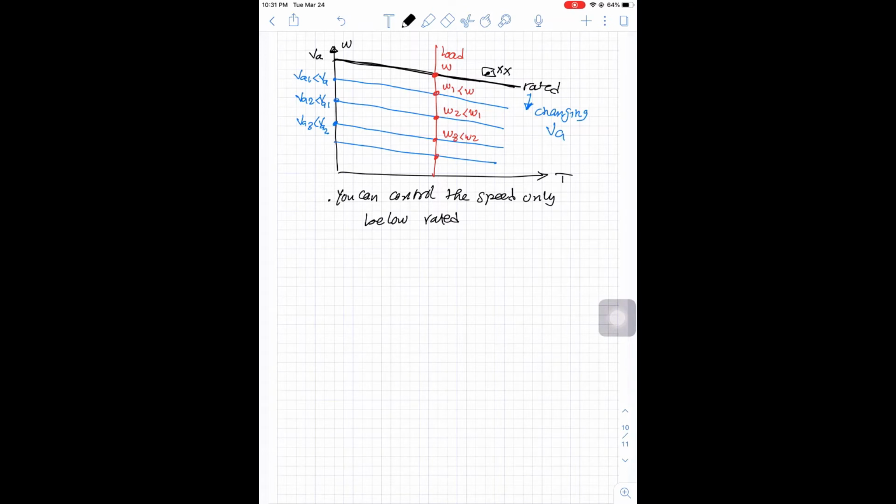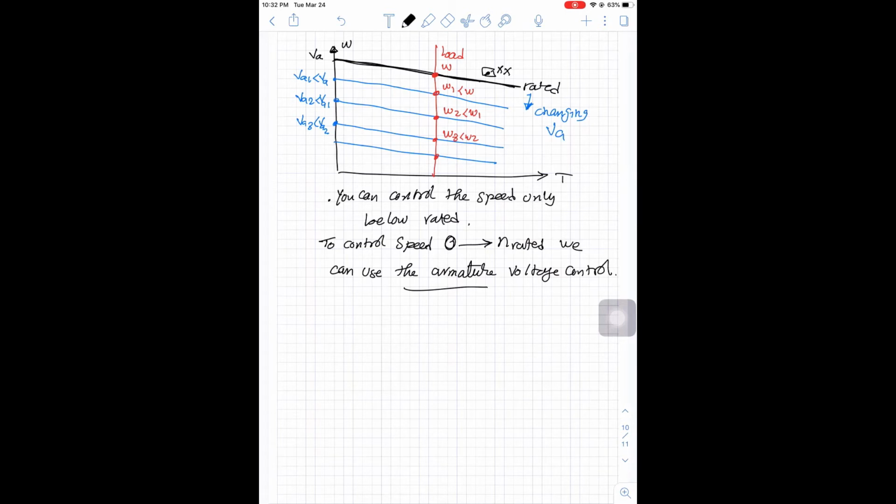You can only decrease the voltage. So to control the speed from 0 speed to N rated, we can use the armature voltage control. So simply by changing the armature voltage, you can control the speed.